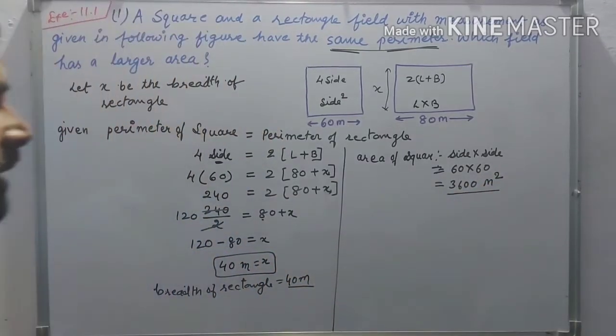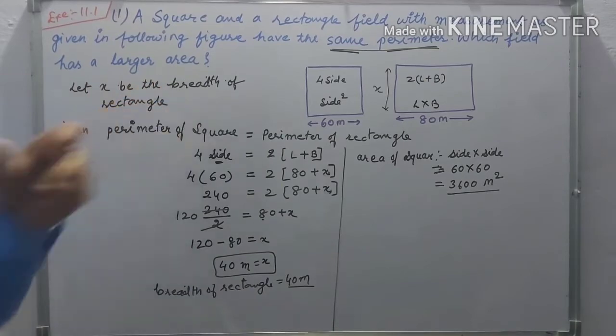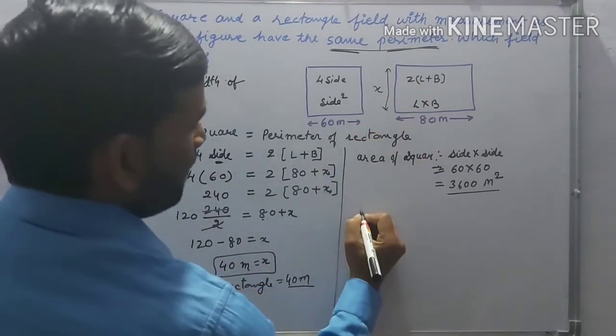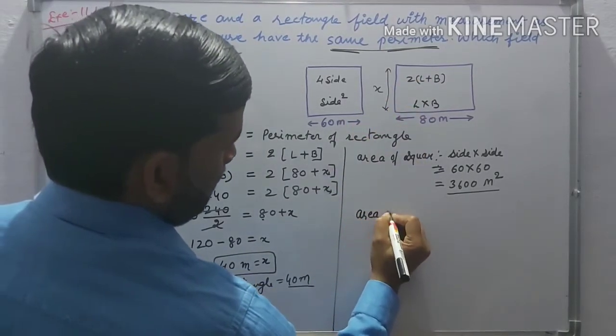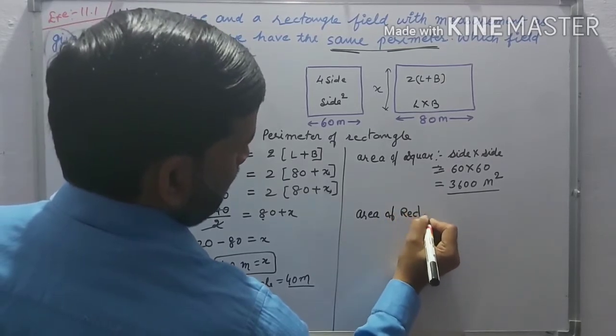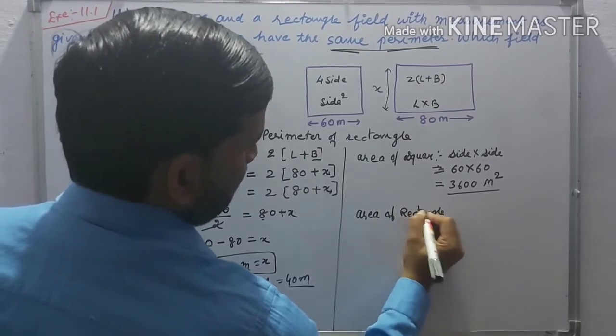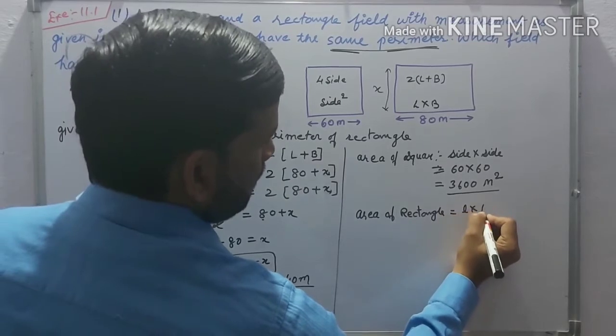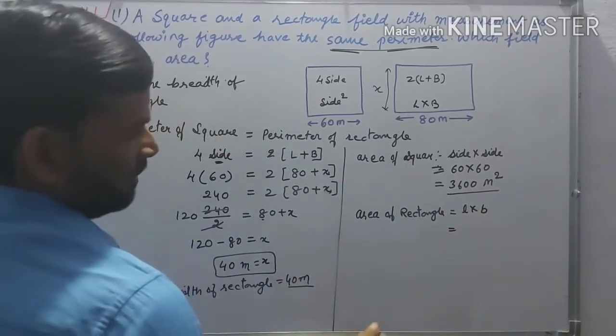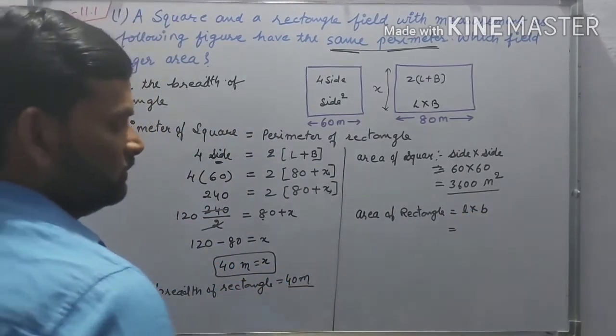Second, compare the areas. To find the area of a rectangle, area of rectangle is L into B, where B is the breadth and L is the length.